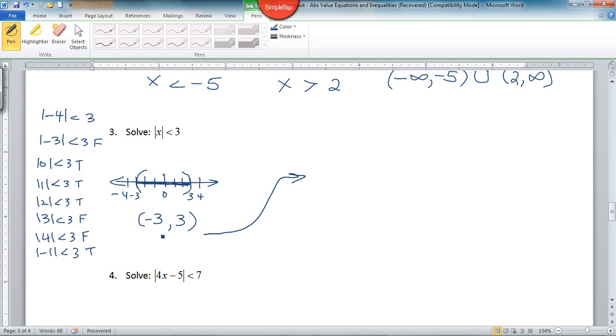Remember this interval notation comes from an inequality like this, where we have x between negative 3 and 3. Negative 3 is less than x is less than 3. That's the inequality that would mean.